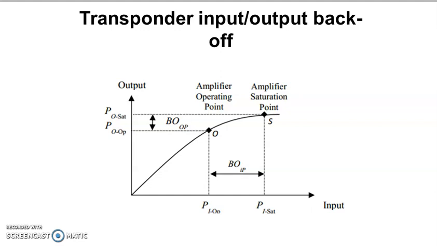Now we have learned that when we transmit the signal, we have limitations for the power and frequency, because we use up conversions, and there are limitations on how much power can be transmitted.